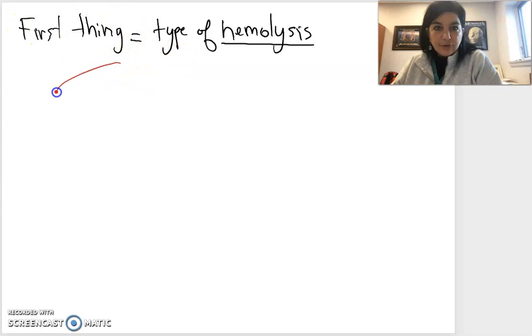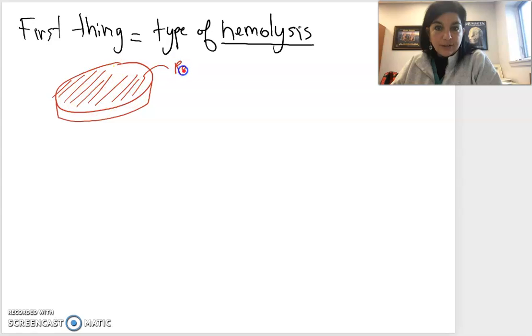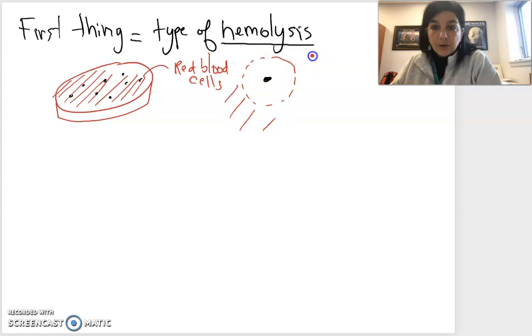So when we plate these cells on a plate where the agar contains red blood cells, inside the medium, and we plate our cells on top, on the surface, what we might see is a halo around the cells, a white halo where hemolysis took place.